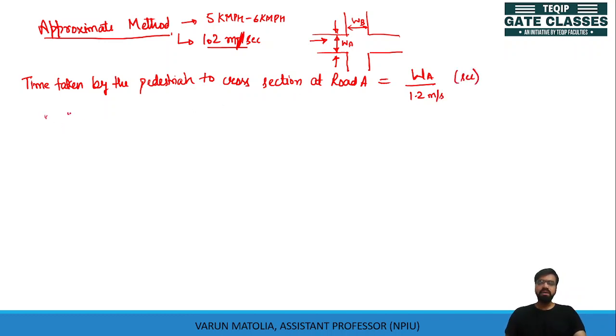Similarly, the time taken by the pedestrian to cross the section at road B will be the width of road B divided by 1.2 meter per second.